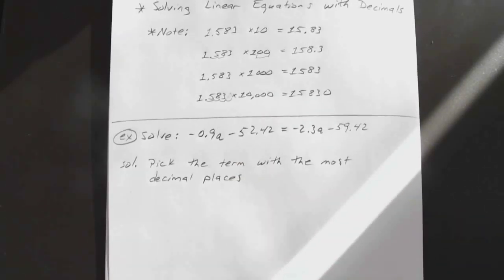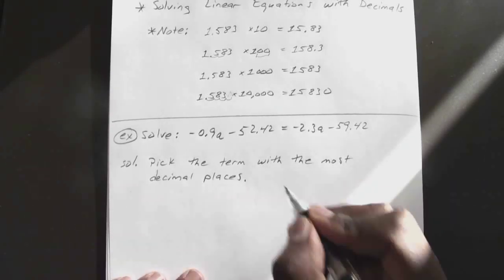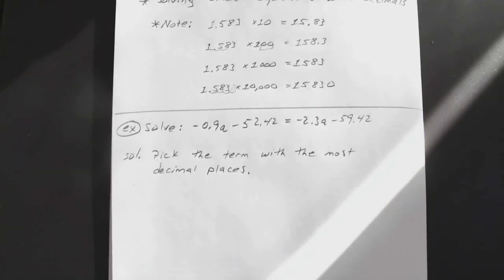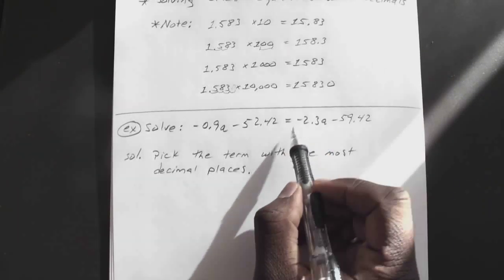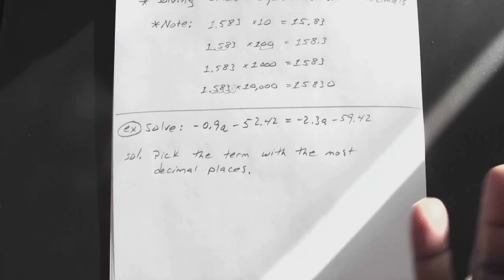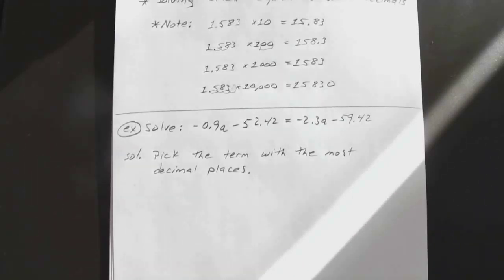So the most you have are 2 decimals. If you have 1 decimal place, you're going to multiply every term by 10. If the most you have are 2, you're going to multiply every term by 100. If the most you have are 3, you're going to multiply every term by 1,000. So depending on how many decimal places you have, that's how many zeros are going to follow that 1. Okay, so since you have 2 decimal places at the most, you're going to multiply each term by 100.